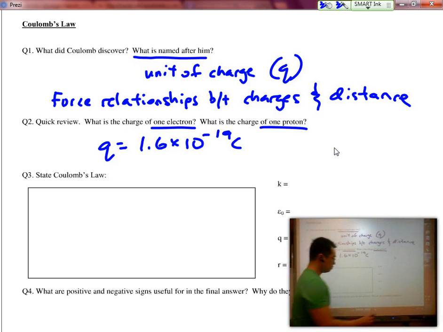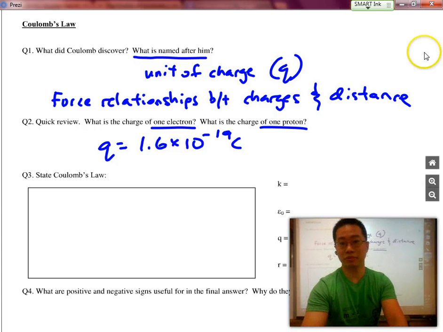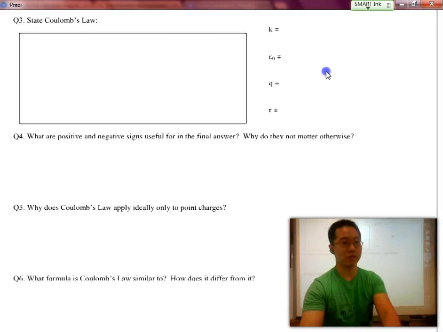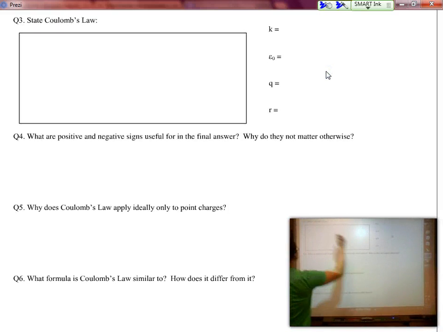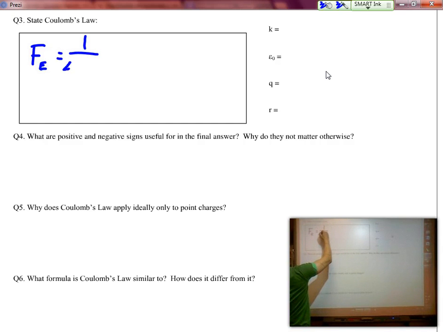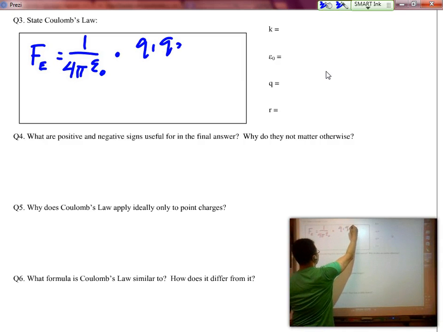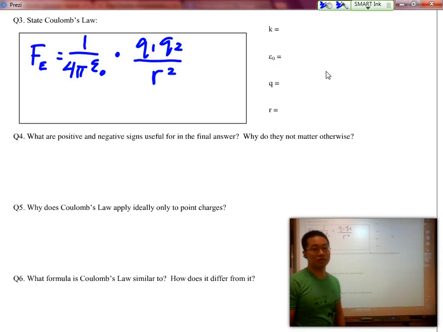So Coulomb's law, let me just move this up a little bit. Looks like this. The electrostatic force, Fe, is equal to 1 over 4 pi epsilon naught, so 4 times pi times the vacuum permittivity constant, times the first charge, times the second charge, divided by the distance between the two objects squared.